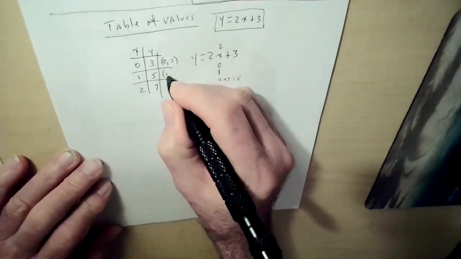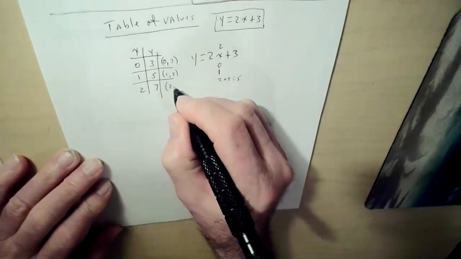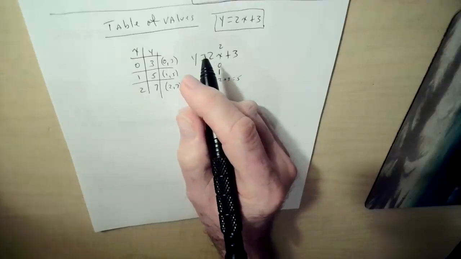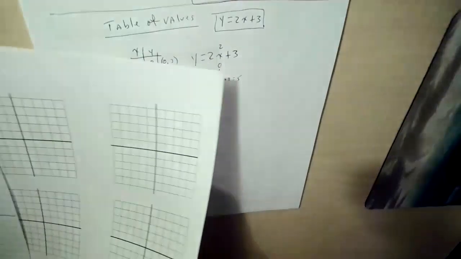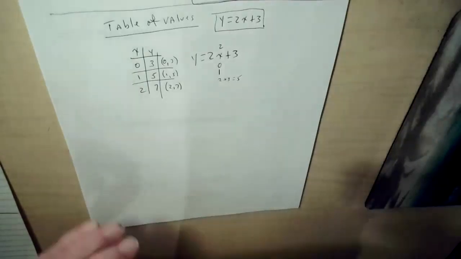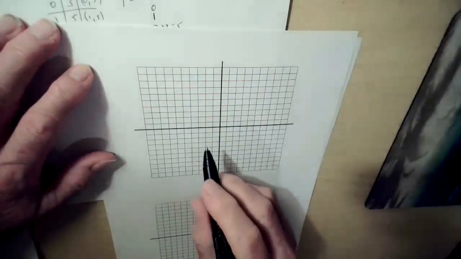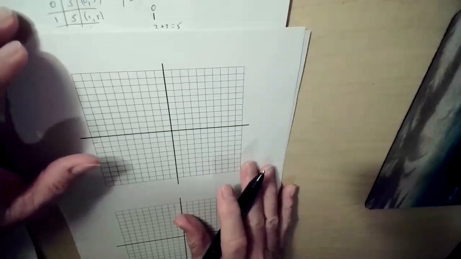So now we have these ordered pairs. 0, 3. 1, 5. 2, 7. Okay, 0, 3.